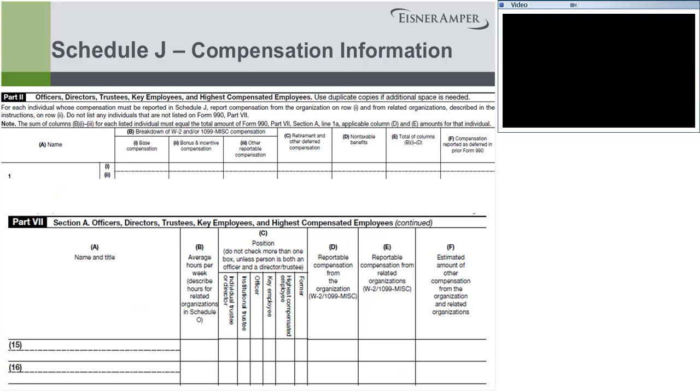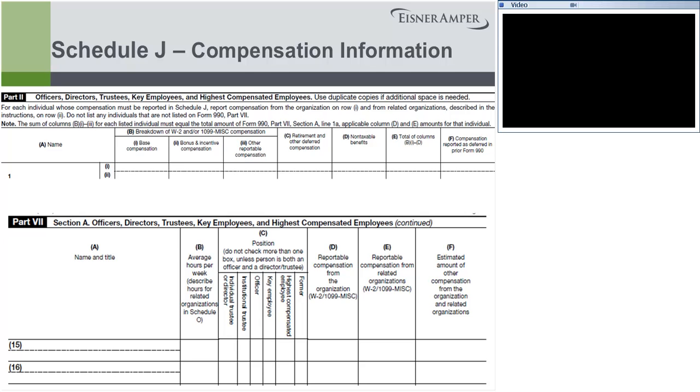Here is where you're going to start to see the officers and directors being disclosed. And what I did actually is I put both Part 7 and Schedule J next to each other, so you can see they're actually not exactly the same. In Part 7, which is the table you see below, that is the information being reported, but its actual compensation columns are condensed, right?